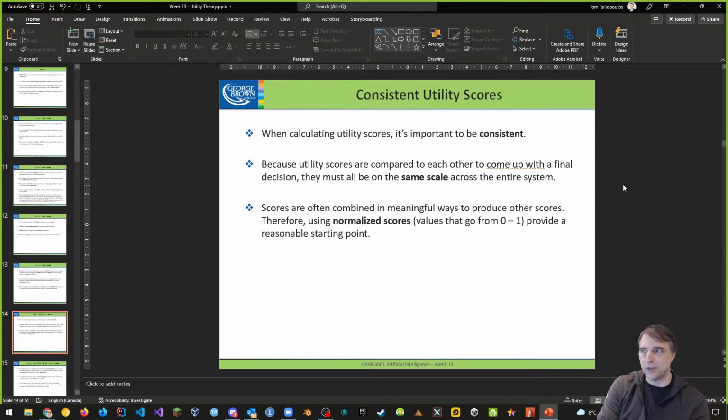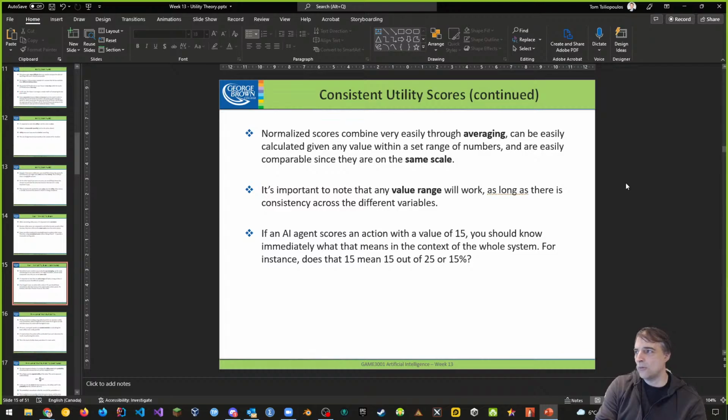So that's one thing we have to do. They also combine very easily. So if I have a normalized score from 0 to 1, I can combine it very easily and I can have an average. Also, any value range will work. It doesn't really matter, even if it's not 0 to 1, as long as it's consistent. That's the most important part, right?